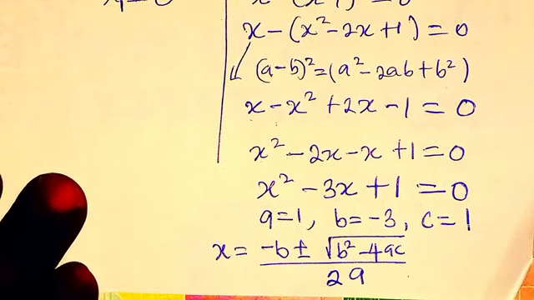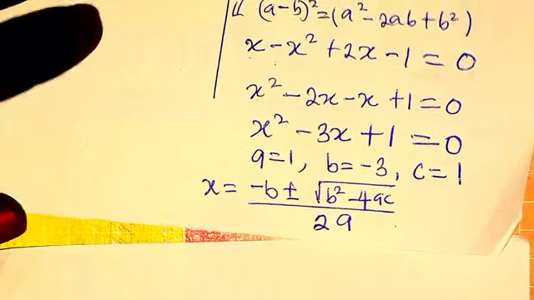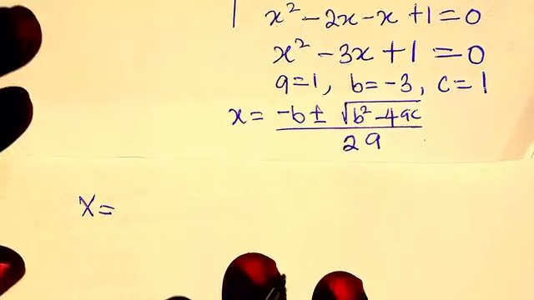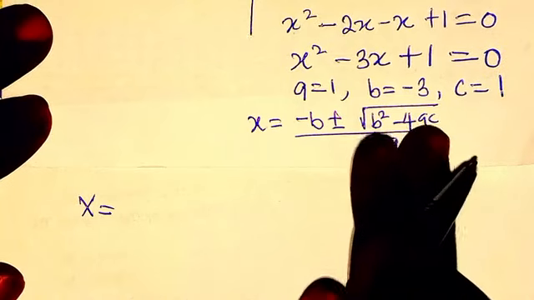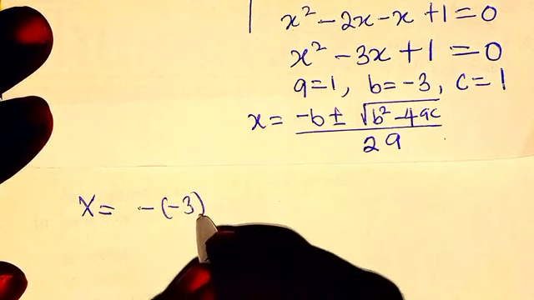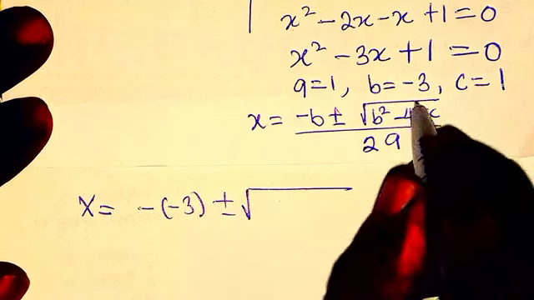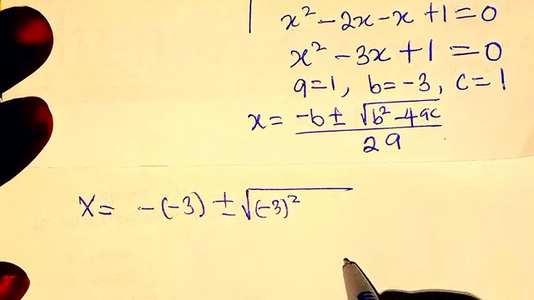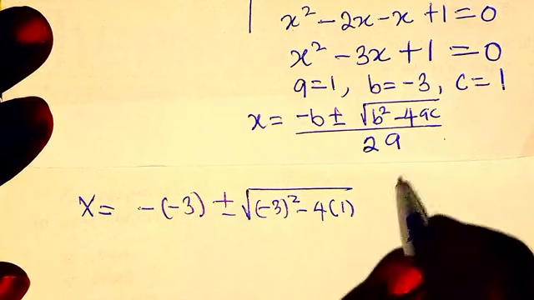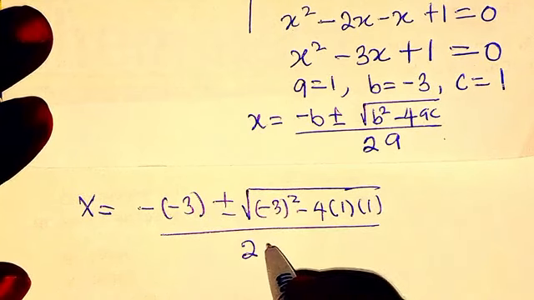So x will be minus b, which is minus 3 here, so minus minus 3, plus or minus the square root of b squared, which is minus 3 squared, then minus 4, a is 1, c is also 1, then divided by 2 times 1.